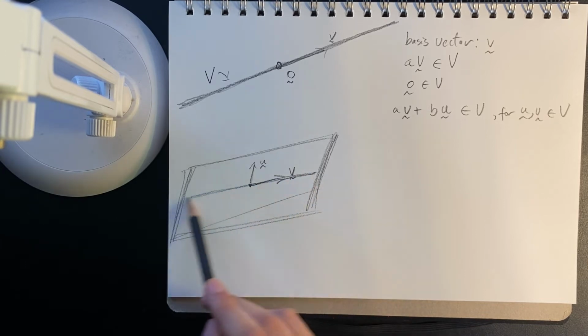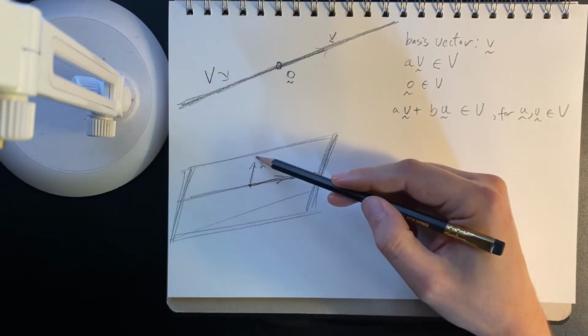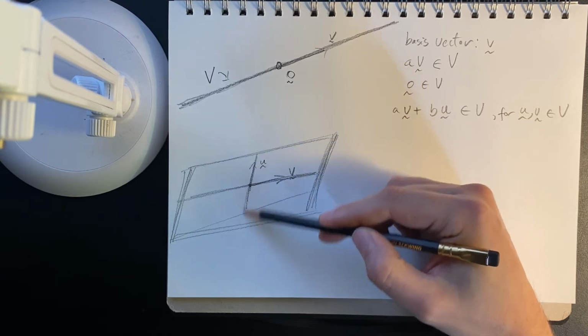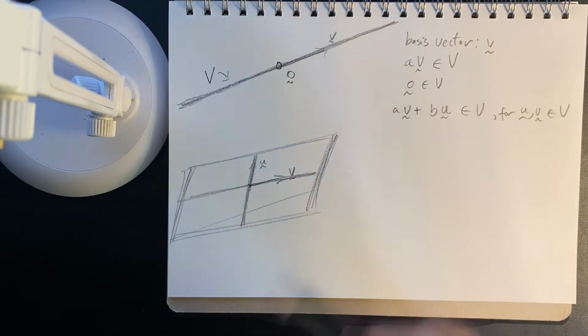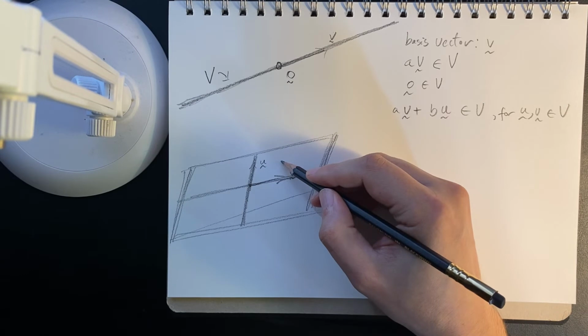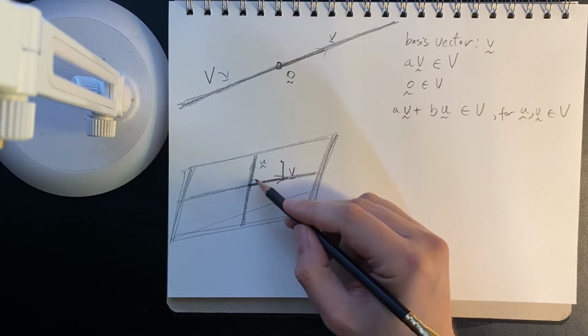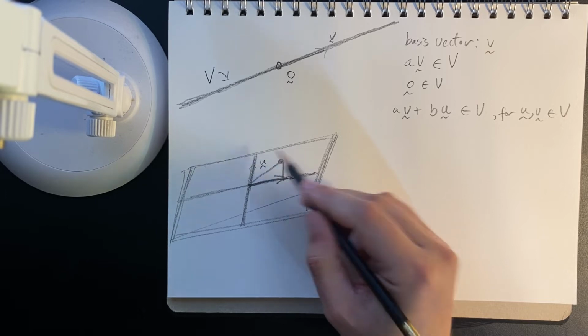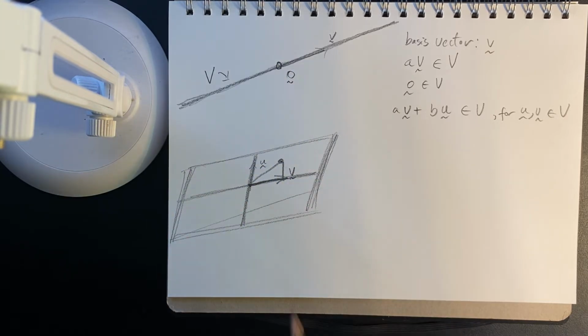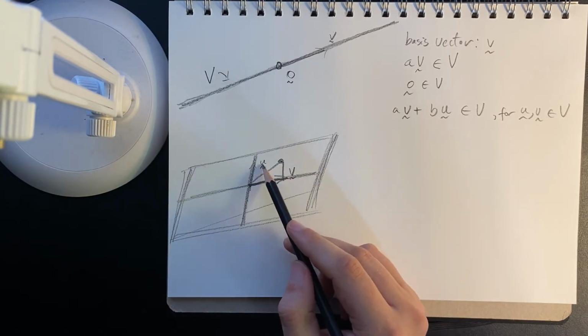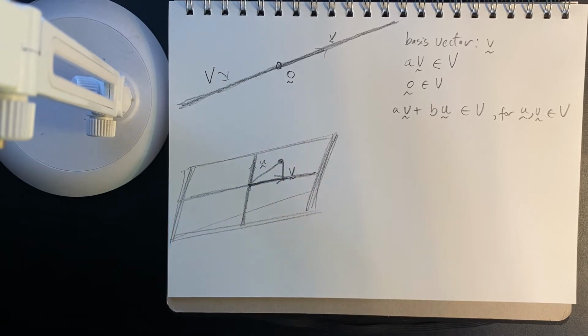I'm still within the vector space. If I take U and I multiply it, so I stretch it in any direction, I'm still within the vector space. And if I take a summation of an element from U plus an element from V, that gives me a point within the plane. So the span of this is any linear combination of the two basis vectors. It defines a plane in 3D.